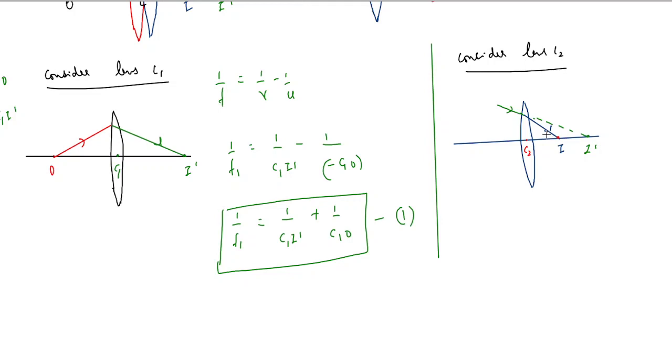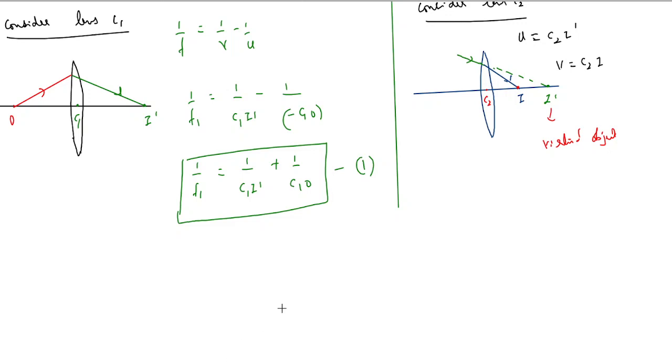So for lens L2, the image formed because of the first lens, which is I dash, this acts like a virtual object, because of which the image is formed at the point I. In this case, U is equal to C2 into I dash and V is C2 into I. If we use the lens equation here, then 1 by F2 is equal to 1 by C2 into I minus 1 by C2 into I dash. That's called as 2.